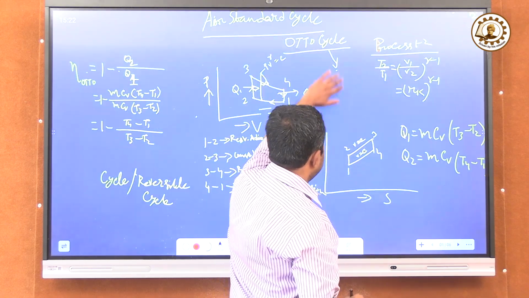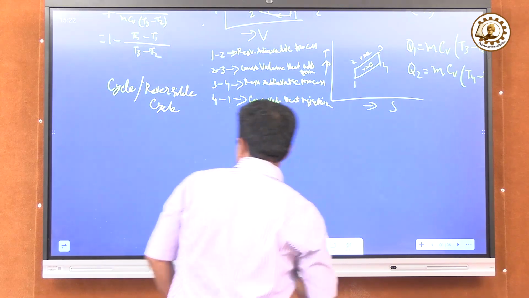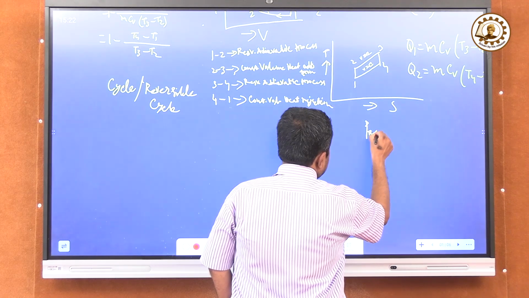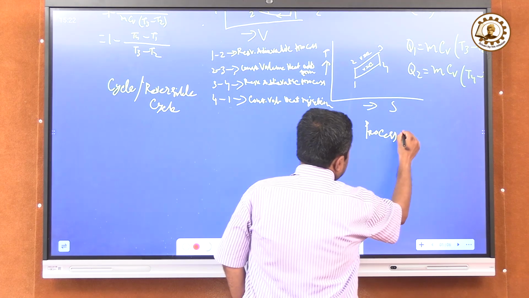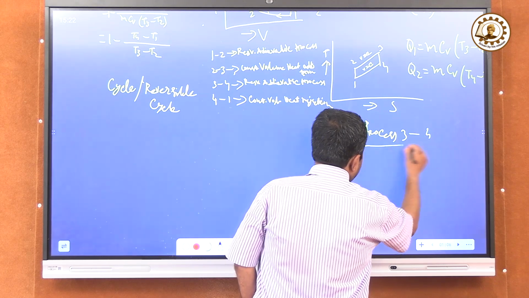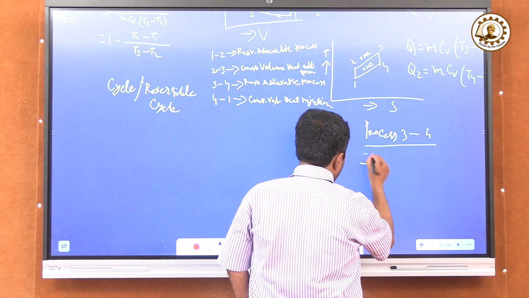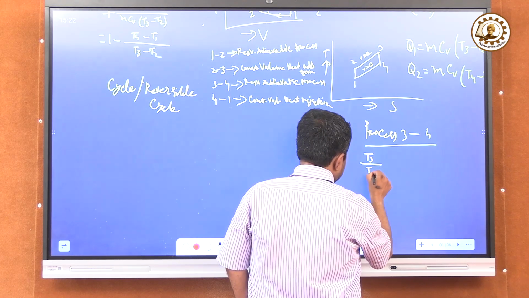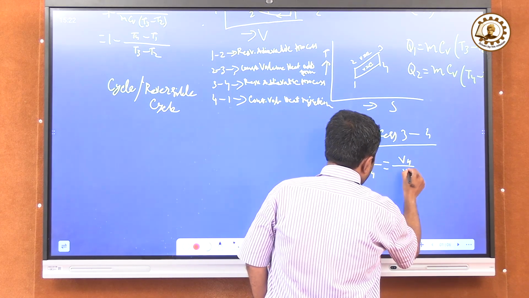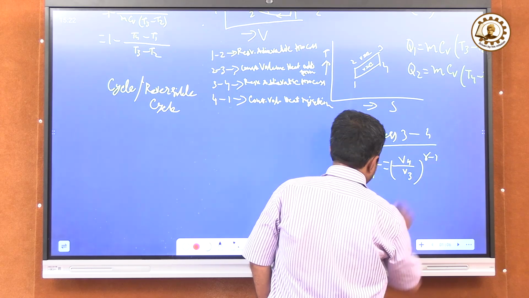Now, process 3-4. This is also a reversible adiabatic process. We can write T3 by T4 is nothing but V4 by V3 to the power gamma minus 1.